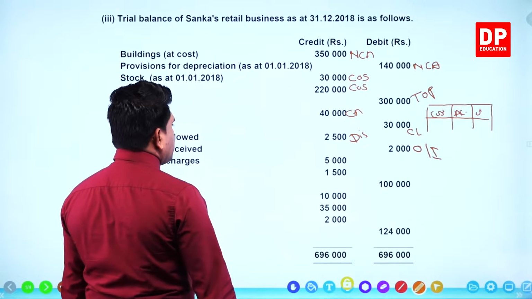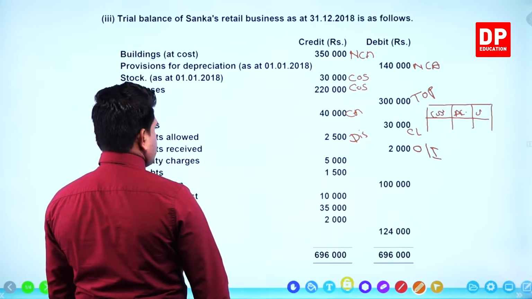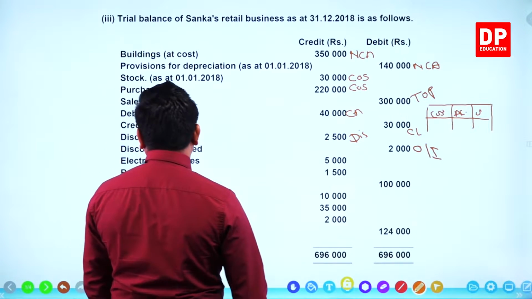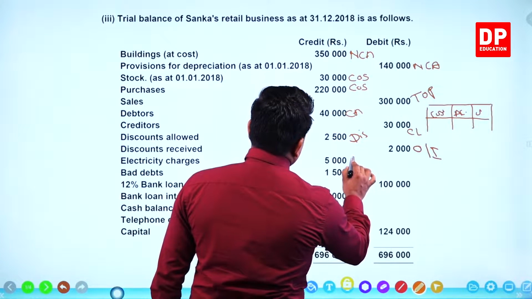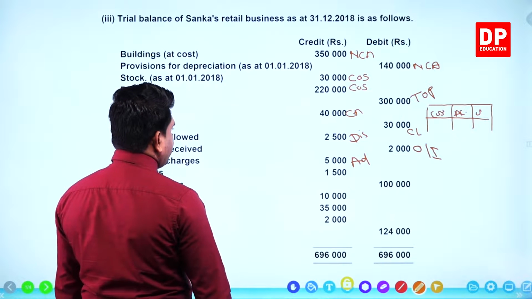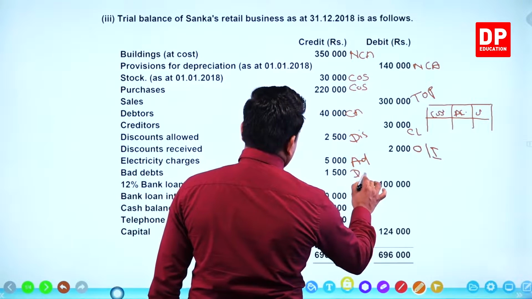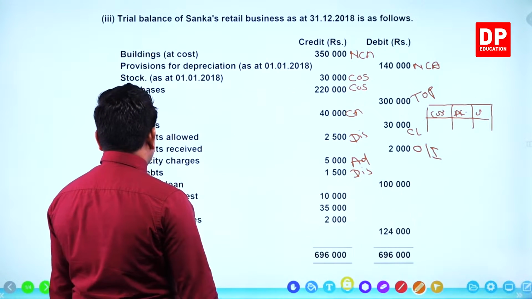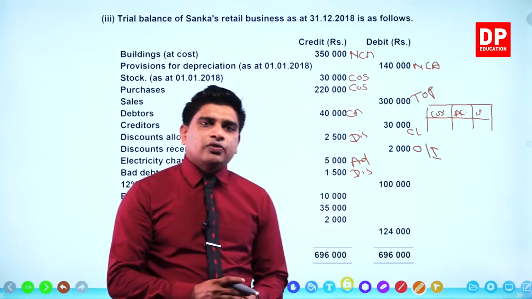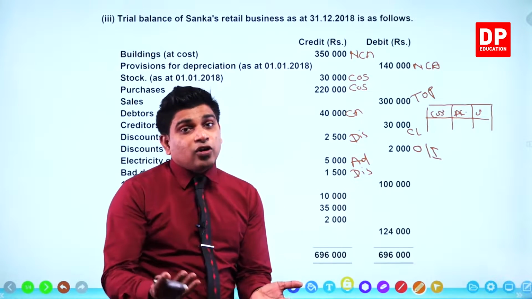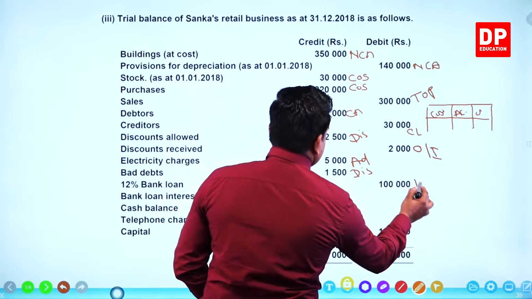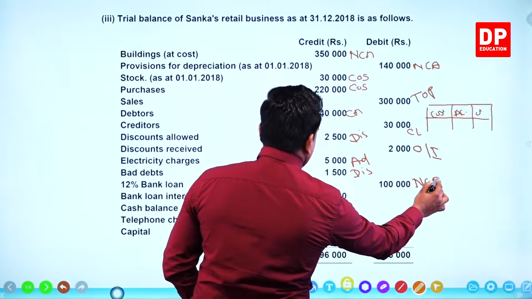Then electricity charges, administration expense. Bad debts, distributing expense. 12% bank loan, any percent bank loan, goes to non-current liability, not non-current assets.